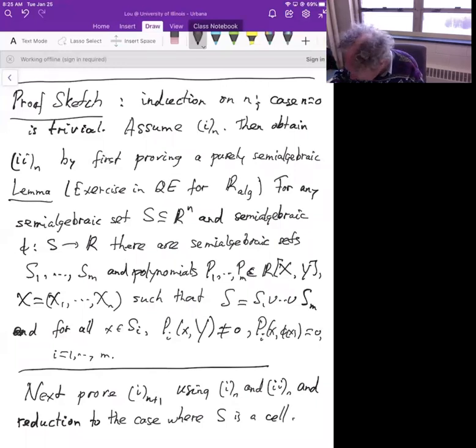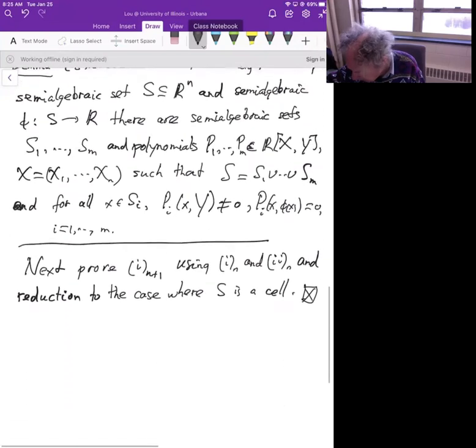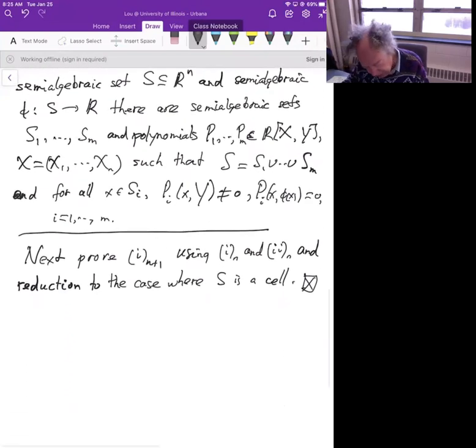Okay, so that is my sketch, and I leave it to the students to carry this out. And with these indications, I don't think it should be too hard.